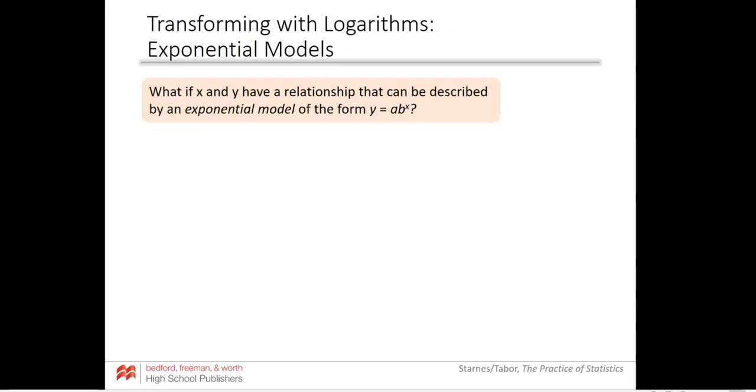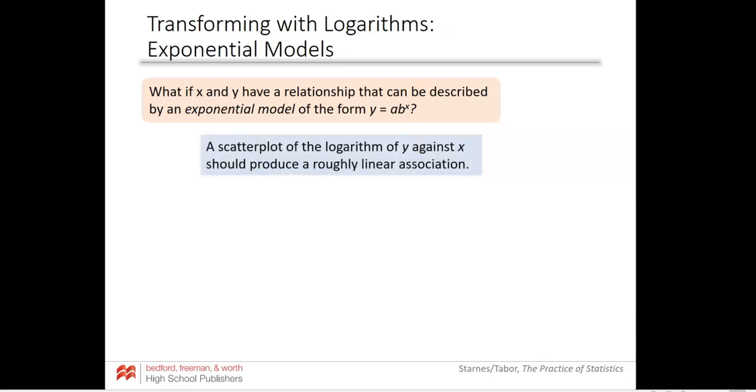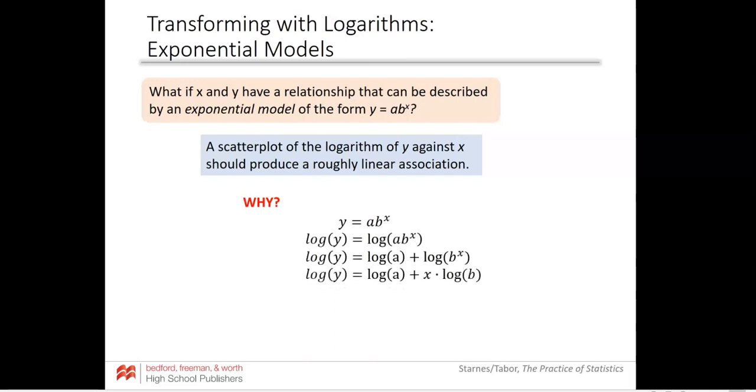If it's exponential, then a scatter plot of the log of y against just regular old x, not the log of x, should produce a roughly linear association. So now we have a way to see if it's exponential or not. You can use logarithms to prove why that's the case.